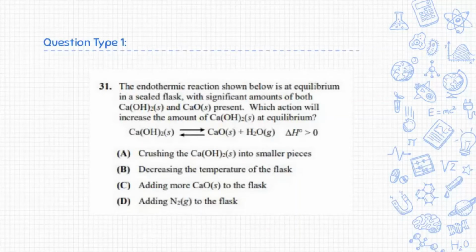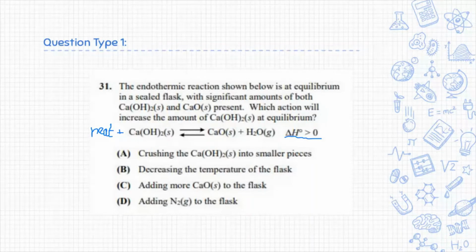For part B, delta H greater than 0 here means that it's endothermic. So heat is a reactant, right? So we can put heat over here. So decreasing the temperature is equivalent to taking heat away.